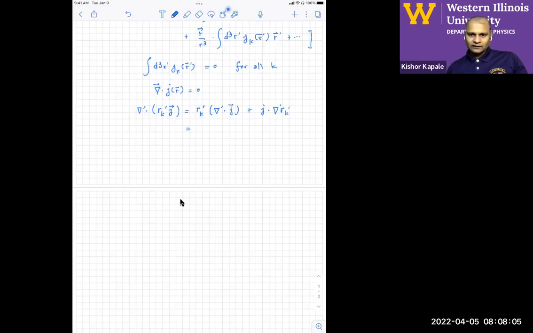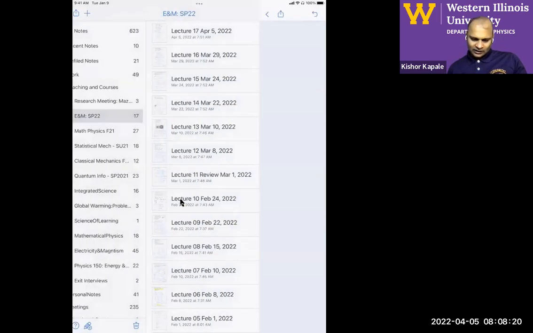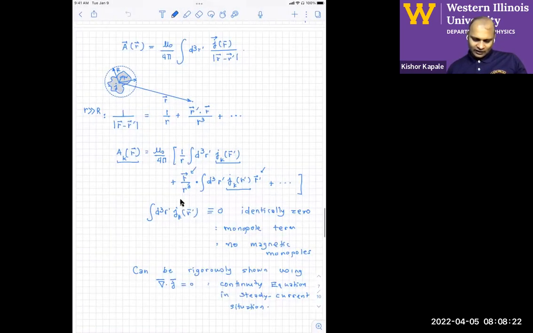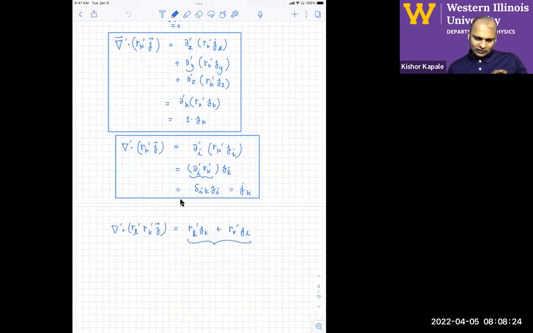Right. So if you look at this quantity here, it is rk′ hat. And let's go back and I will remind you of what we did in the previous class. I'm just going to copy this stuff.